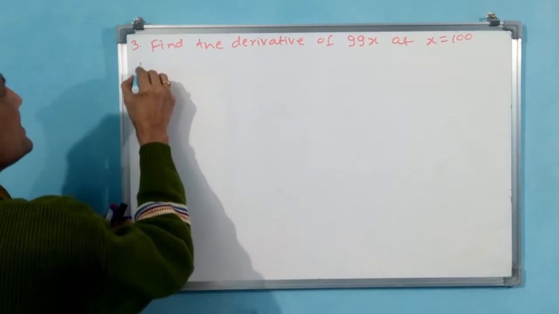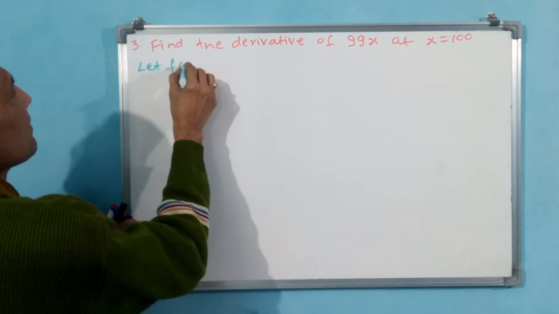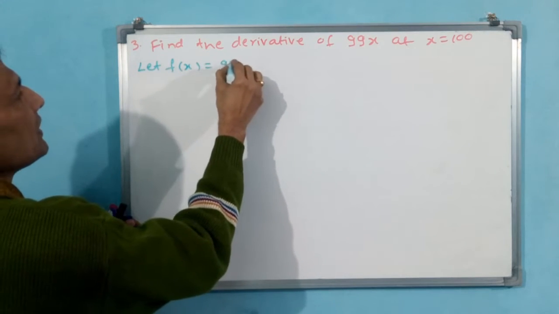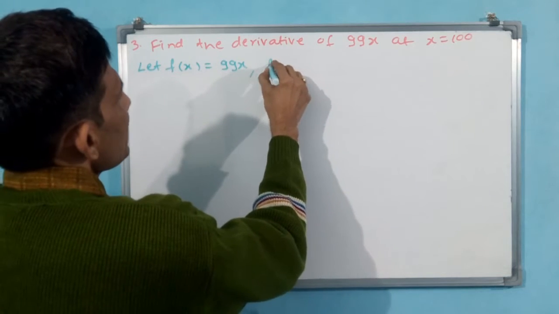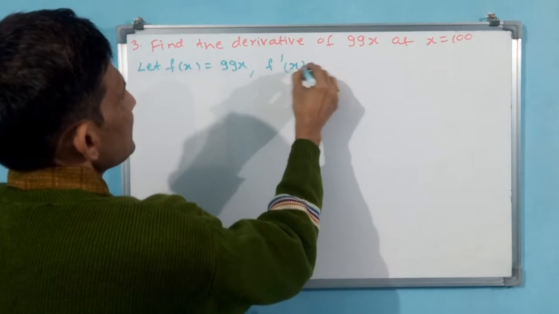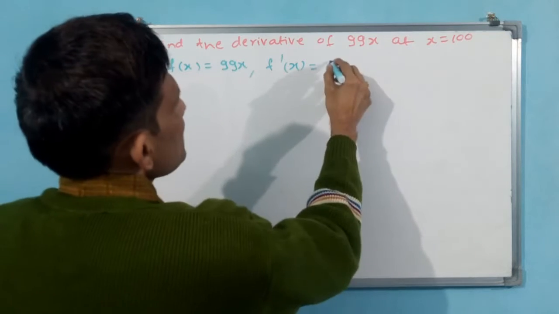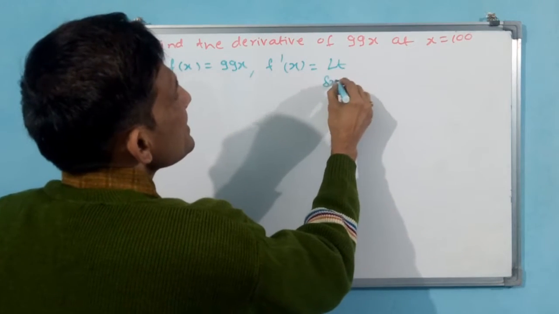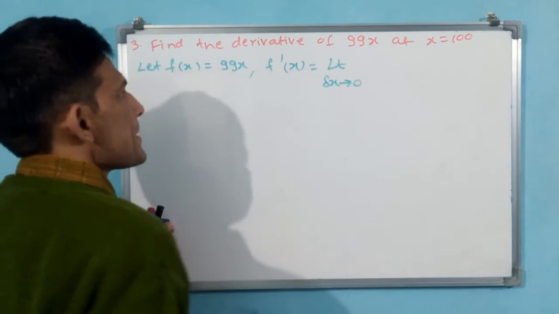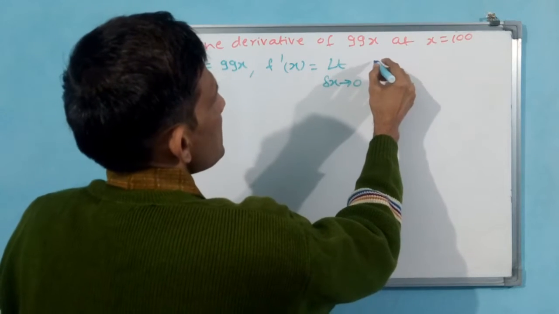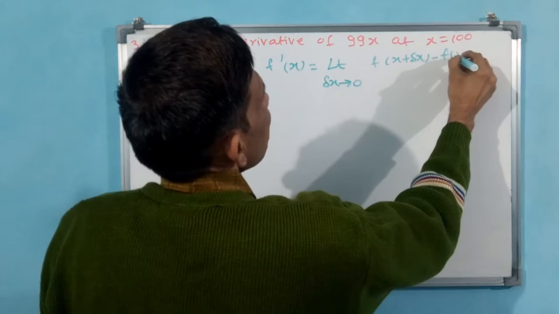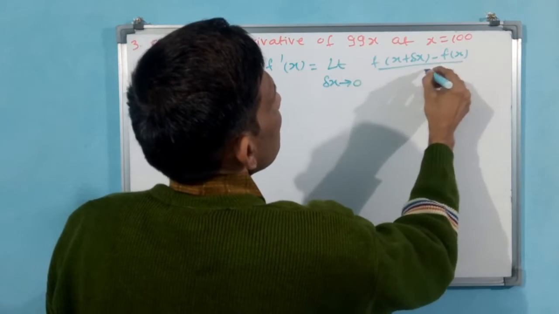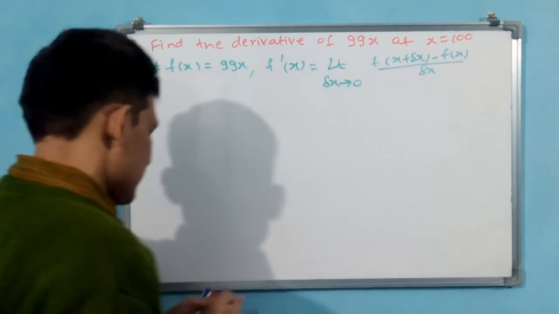Let f of x is equal to 99x, comma, f dash x is equal to limit delta x tends to 0, f of x plus delta x minus f of x by delta x.